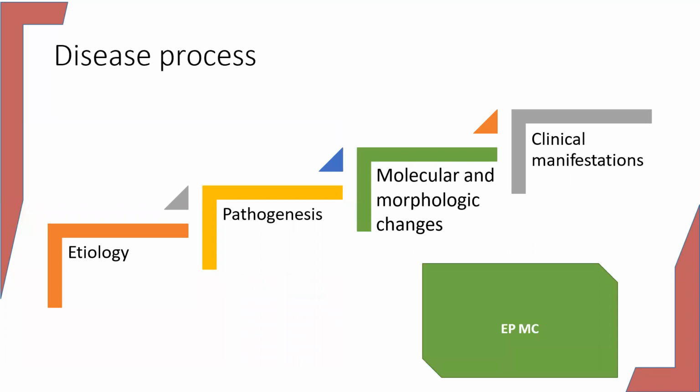So the disease process is first etiology, second pathogenesis, third molecular and morphological changes, then clinical manifestation. The patient comes in the fourth stage, the clinical manifestation.